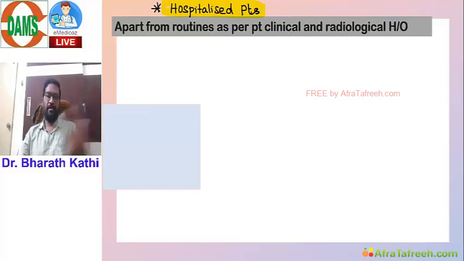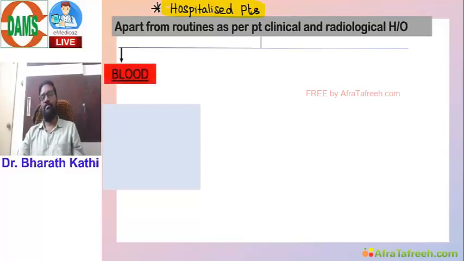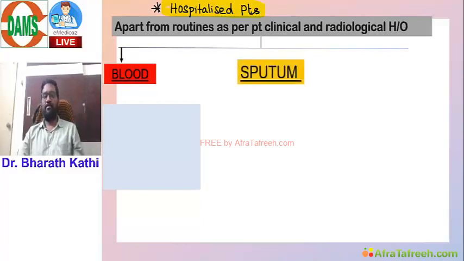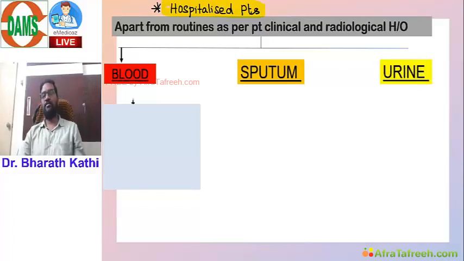So there are 3 samples that you can send. One is a blood sample. What are the investigations done in blood specific for infection? What are the investigations that should be done in sputum specific for pneumonia? And what are the urine tests done specific for pneumonia?